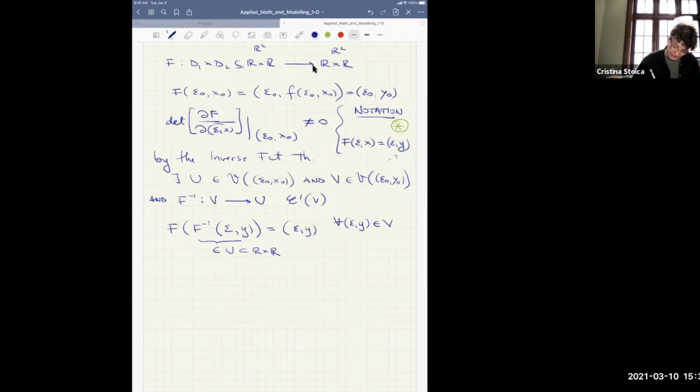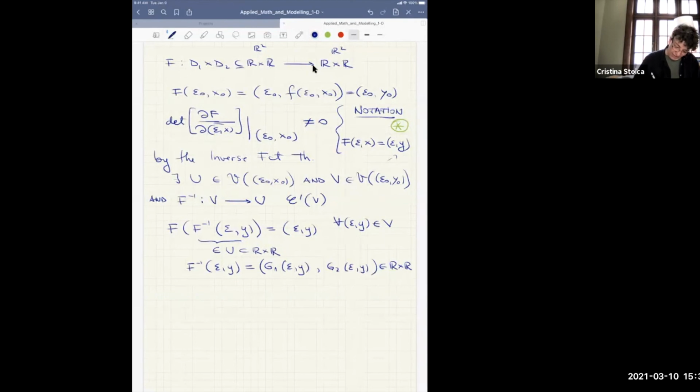So let's say that F⁻¹ of (ε, y) has its two components, the first one G1 and the second one G2.